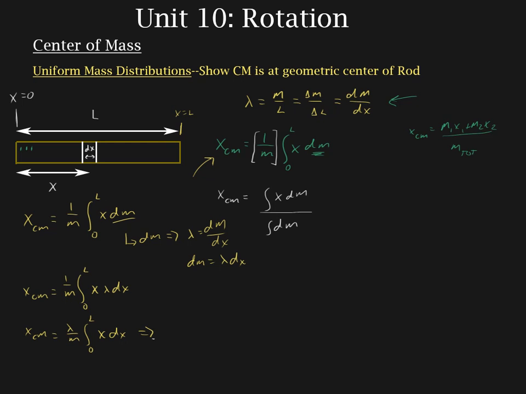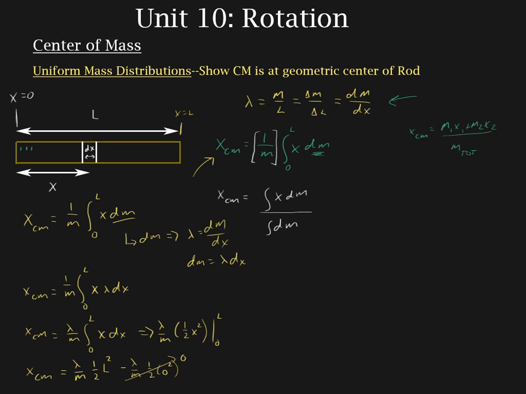And when you integrate that, we get lambda over m times 1/2 x squared, and then we evaluate that from 0 to L. All right, so x_cm is equal to lambda over m times 1/2 L squared, minus lambda over m times 1/2 0 squared. So of course this term here is going to go away to 0.